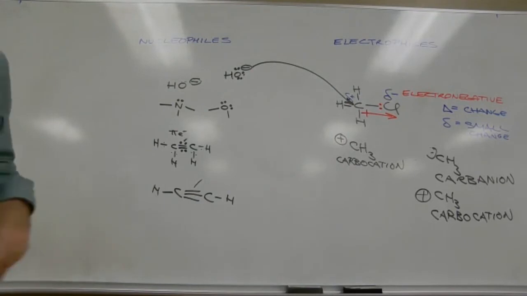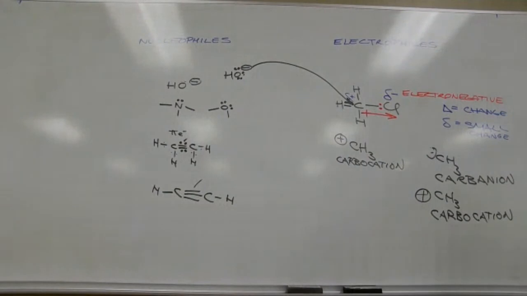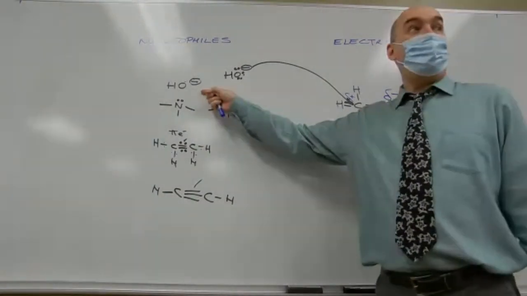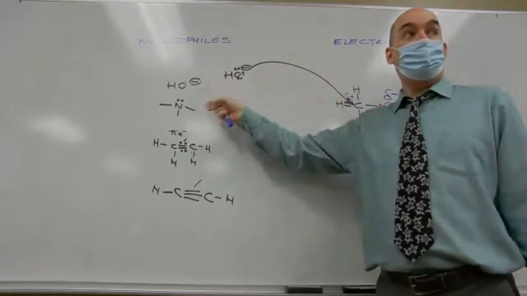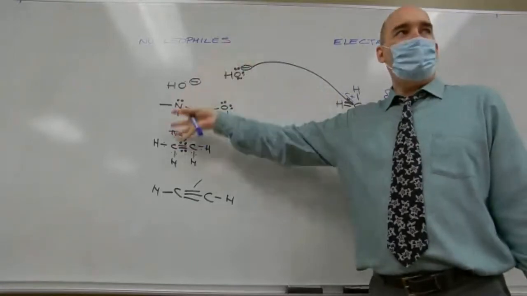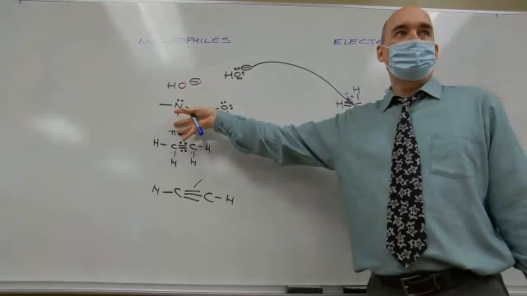So as complicated as this is ever going to get, and there will be times when you think, this looks too difficult, it comes right back to a hydroxide and an H+. It's always the same thing. Find the base, find the nucleophile. It's the thing with the electron density.